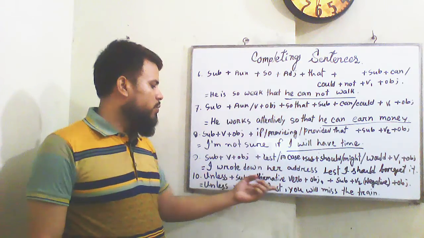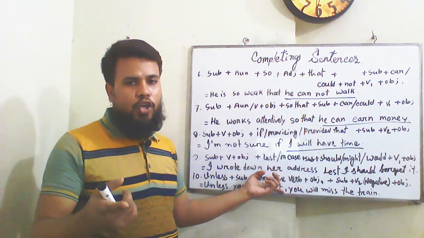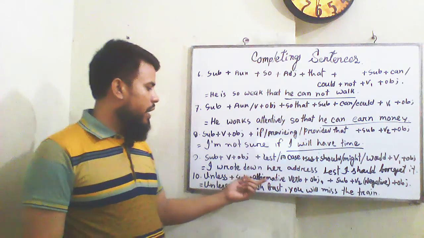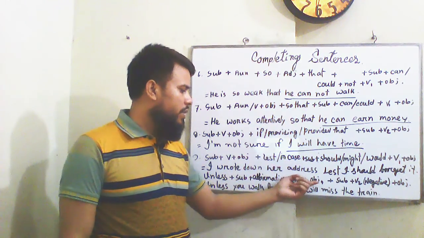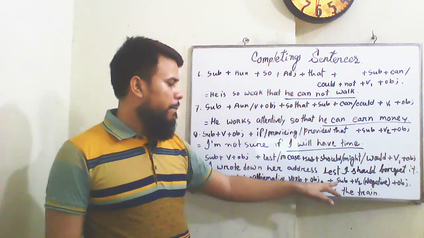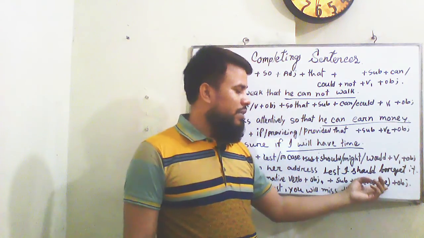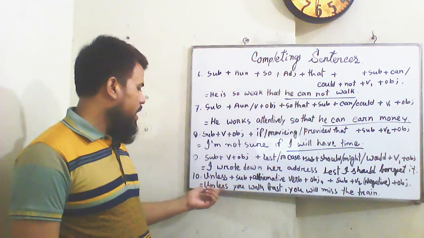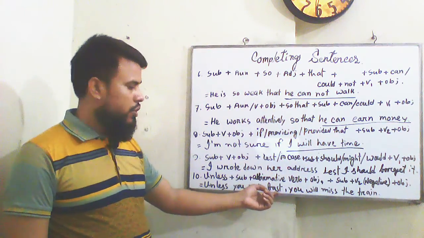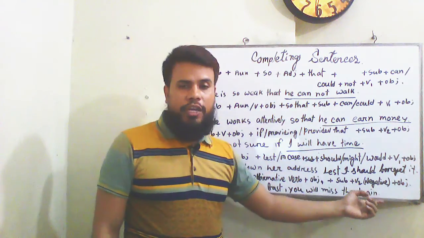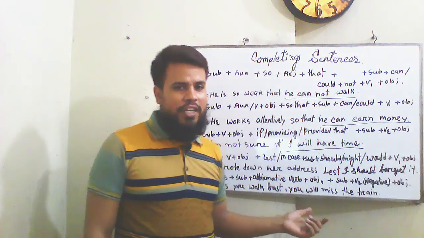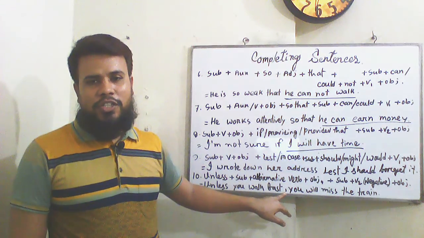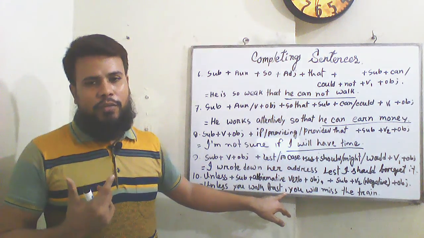And "unless" will be used replacing the comma. However, "unless," and then subject and then affirmative verb and then object, and for comma and then subject, verb, that means negative information, and then object. I have written here an example: Unless you work first, you will miss the train. That means here I have used a comma. You may not find a comma.